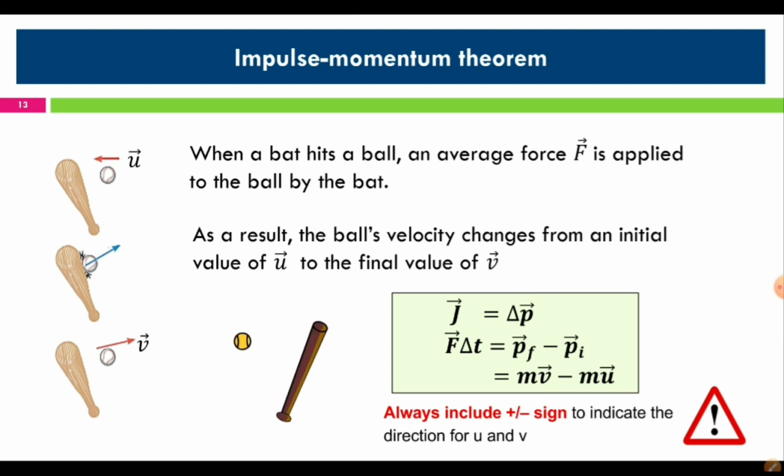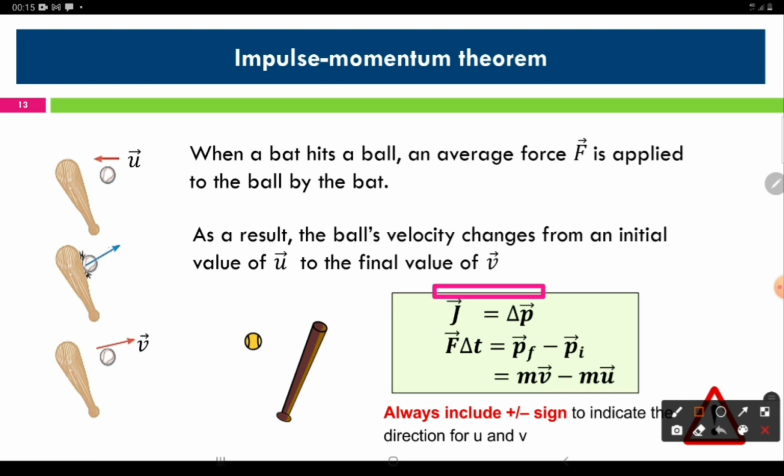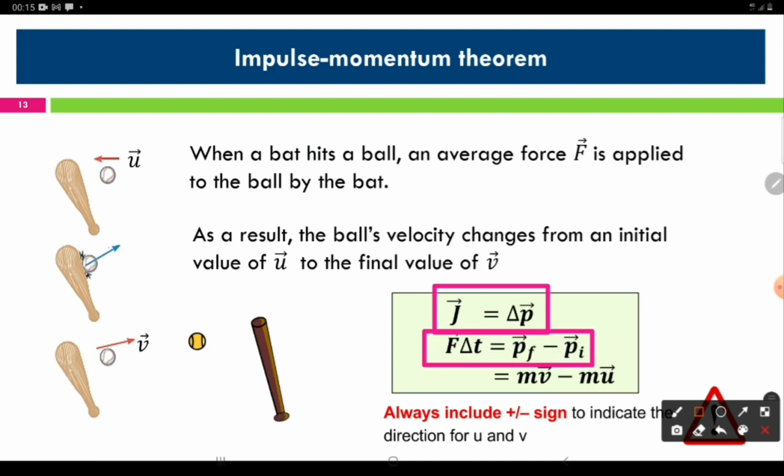So we can state that impulse J is equal to the change in momentum delta P. We can also write that equation as F delta t = P final minus P initial, or mv minus mu, which is referred to as J.